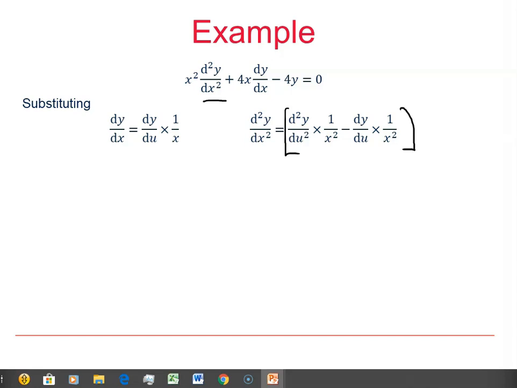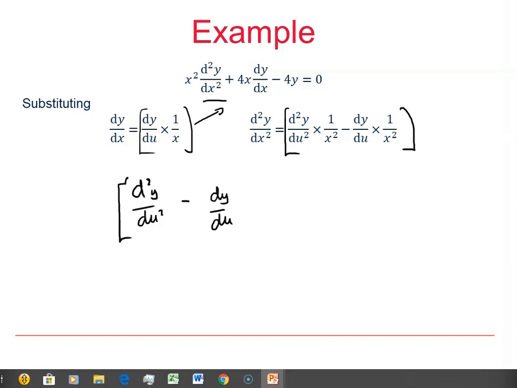And notice that the x squared will cancel out. And then where we've got dy by dx, we can substitute this expression. And again, notice that the x's will cancel out top line and bottom line. So we end up with the differential equation being equal to d2y by du squared minus dy by du.